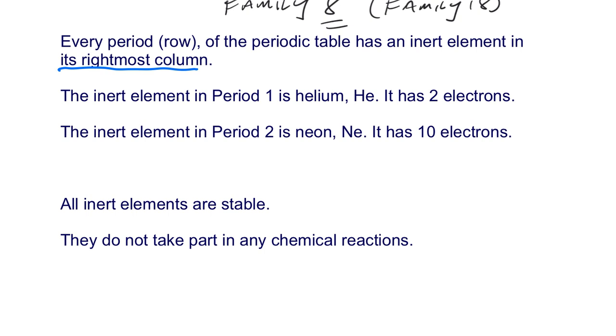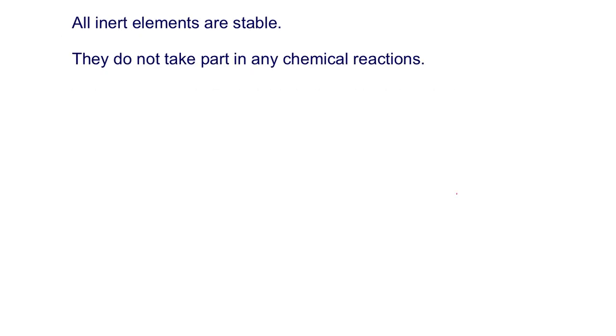Now, all the gases in family 8 are unreactive because they have filled outer shells. So having a filled outer shell makes them stable or inert, unreactive. They're not going to want to react with any other element. And so you don't see them reacting in chemical reactions.